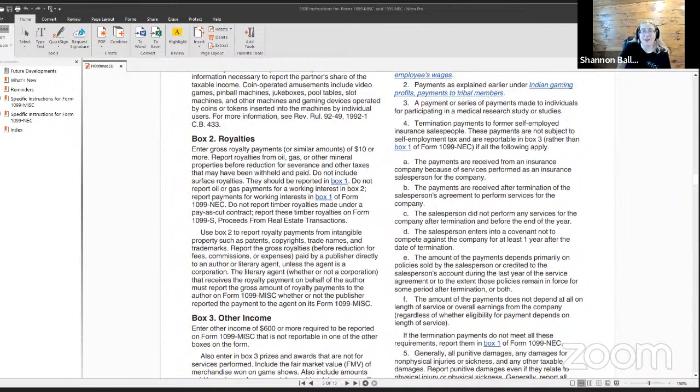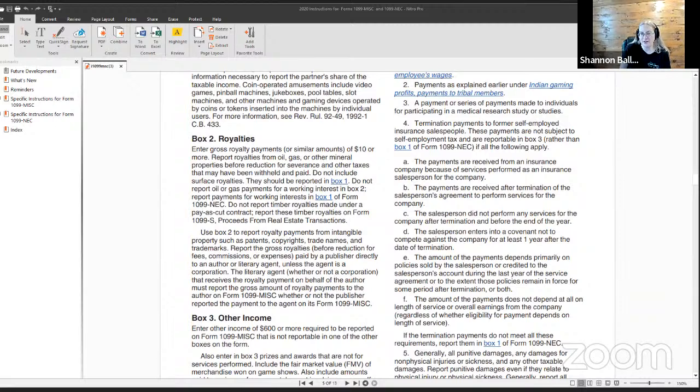All right, so when I was doing bookkeeping, royalties very, very rarely came up. I did work with a literary agent before, years and years ago, before I started doing bookkeeping.